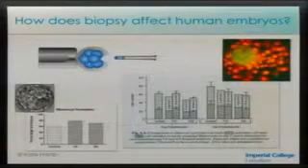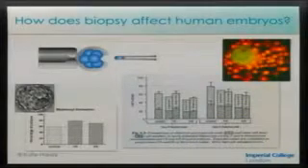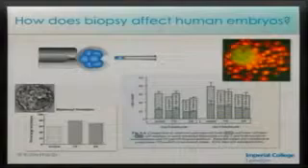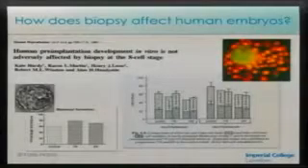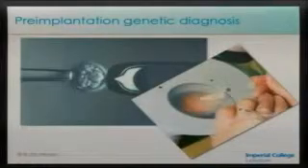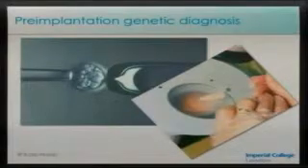And you can see that removal of a single cell or two cells doesn't dramatically change the proportion or the number of cells in the inner cell mass. So this was a very important experiment, and it helped us move on to doing clinical studies. This work was published in Human Reproduction, and we then moved on to do it for real.